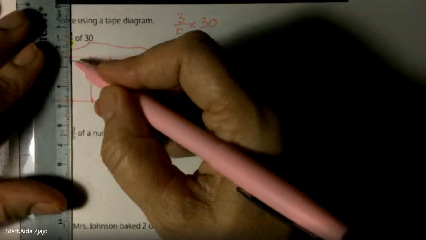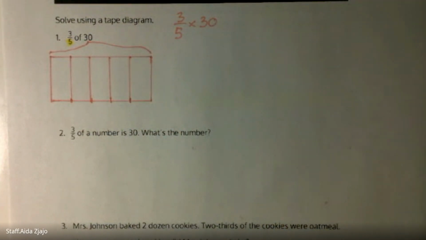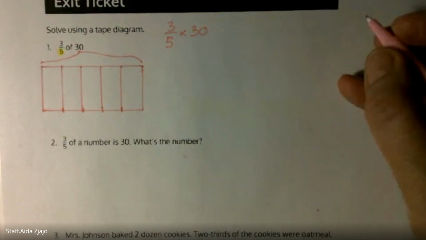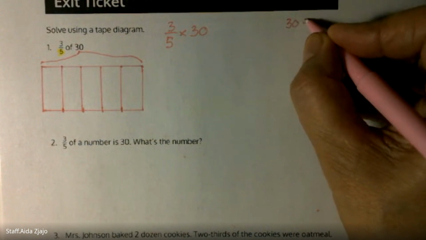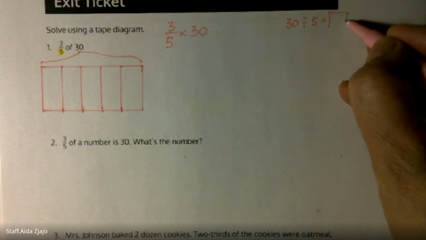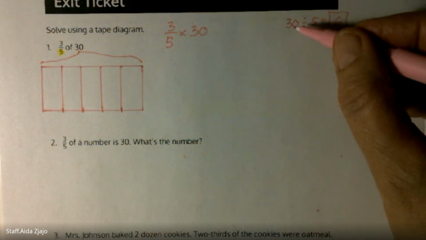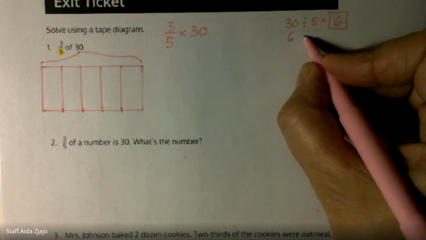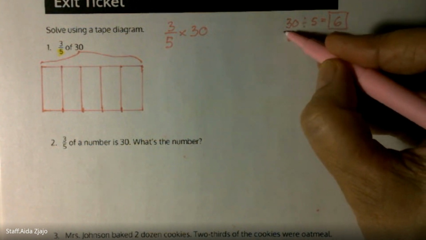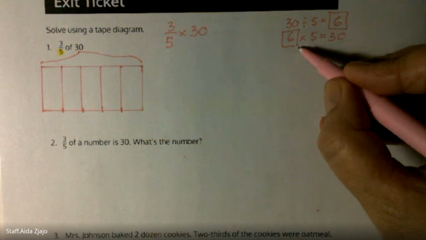Now I need to know what is 30 divided into 5. I need to think what times 5 equals 30. Of course, it's 6. 6 times 5 is 30. And that is the third grade fact family.